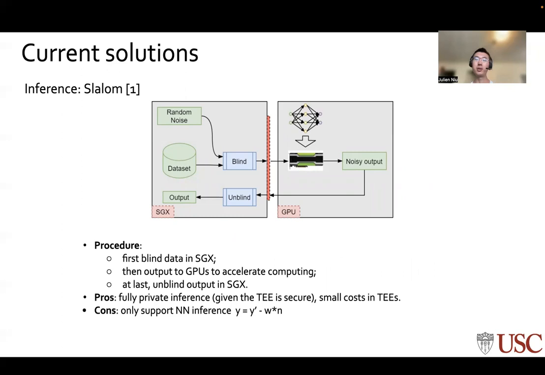The GPUs compute the convolution operations, produce a noisy output, and send it back to the TEE, and the TEE gets the original output by decrypting the noisy output. It's very private in terms of model inference, but the issue is that Slalom does not support model training, which is a more computation intensive task.